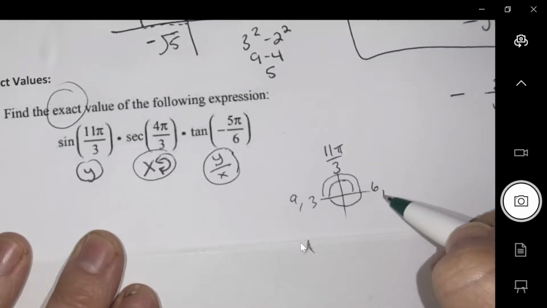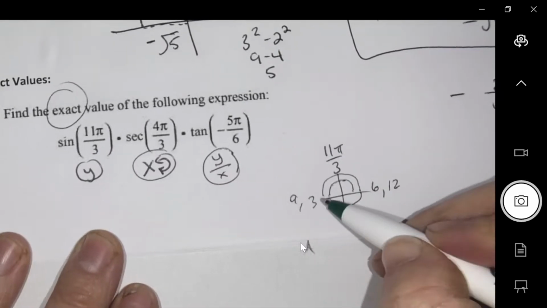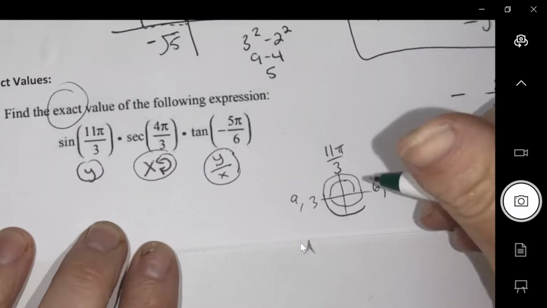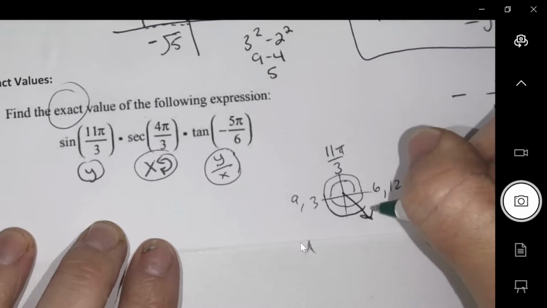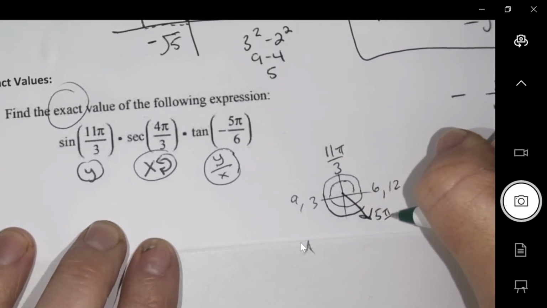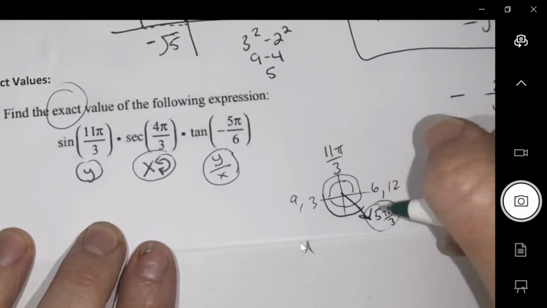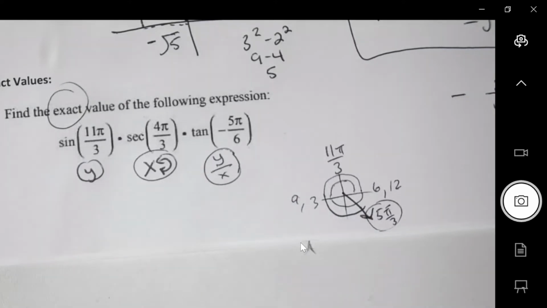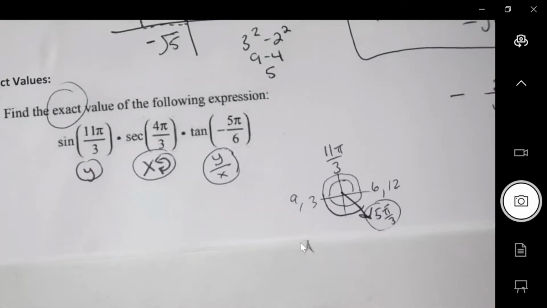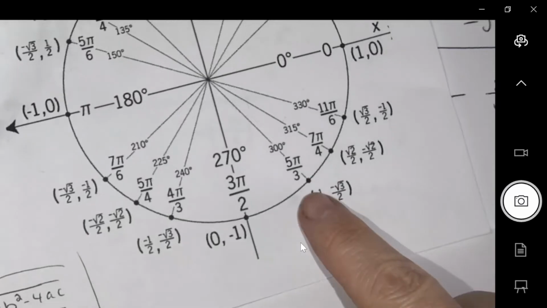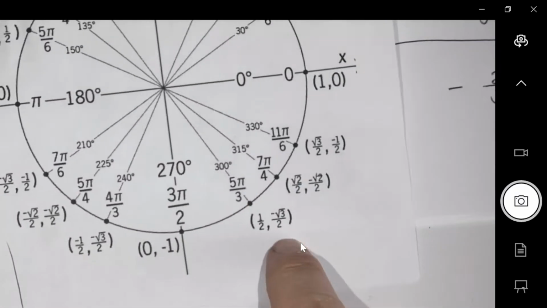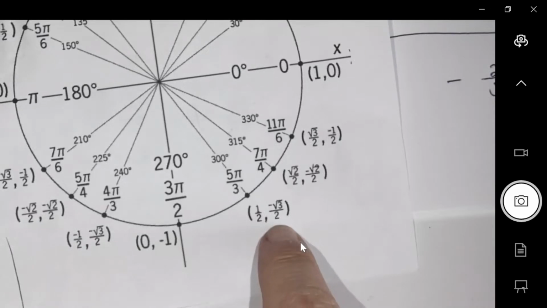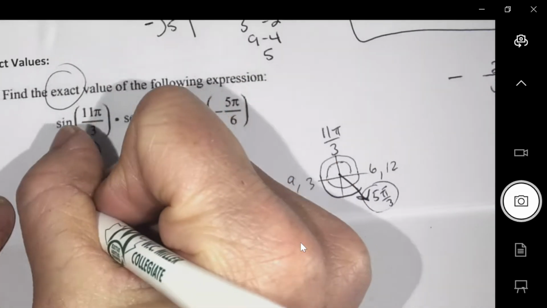And then if I got here again, it would be 12. So don't do that. So what am I looking at? I'm looking at this position. That's where I'm looking. So can you put your finger on that position? And what is the y value is what I'm going to write. So negative root 3 over 2.